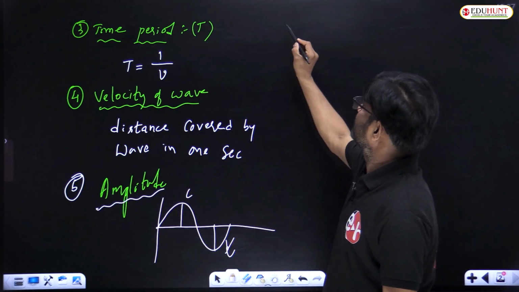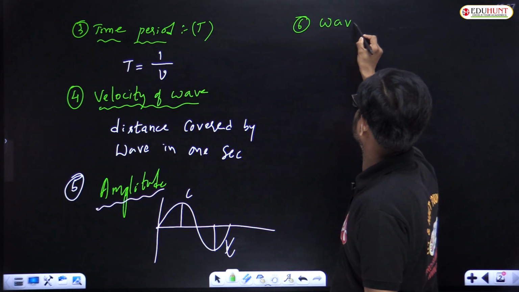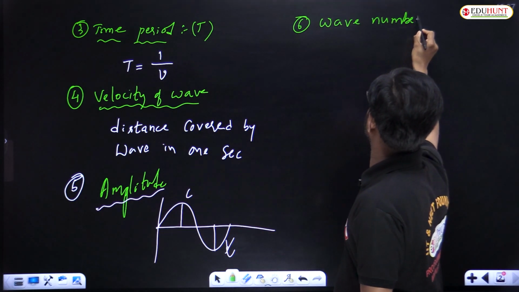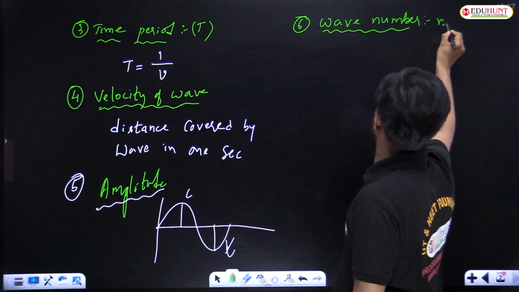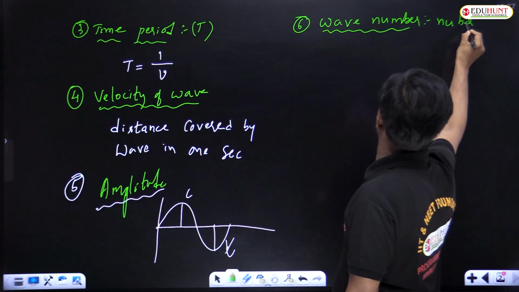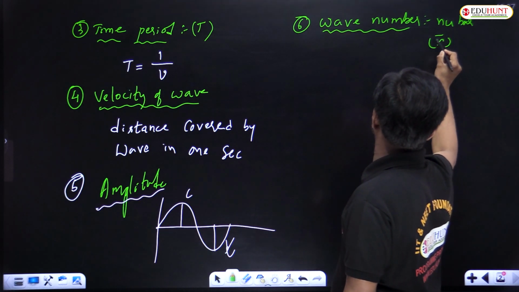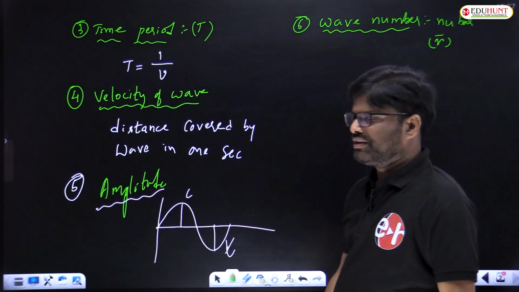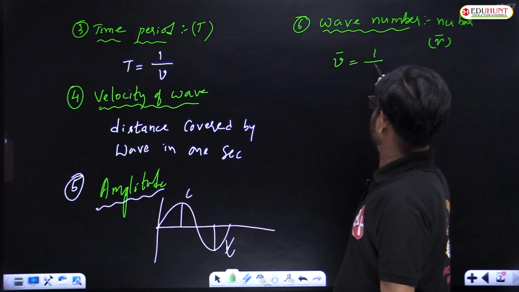Next one is wave number. Wave number is denoted by nu bar. Nu bar is equal to 1 by lambda.